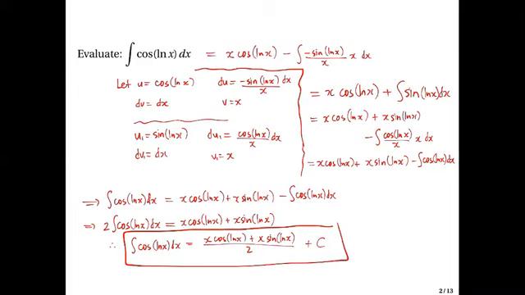Okay. Next problem. So we want to integrate square root of 4x squared minus 9 all over x squared. So if you look, this is of the form u squared minus a squared. Okay? U squared minus a squared.